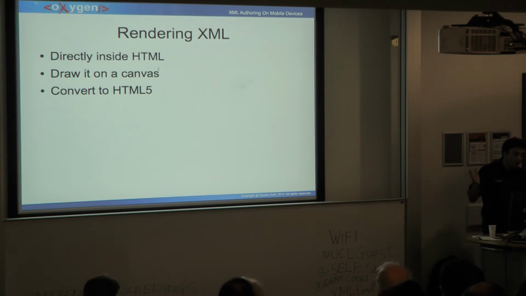So then we decided that the best approach would be to convert to HTML5 and then convert the existing CSS that we have for rendering the XML document to a CSS that renders the converted document. So that's basically what happens, and once you have something that works in Oxygen, you can just push a button and have the same working in the browser.